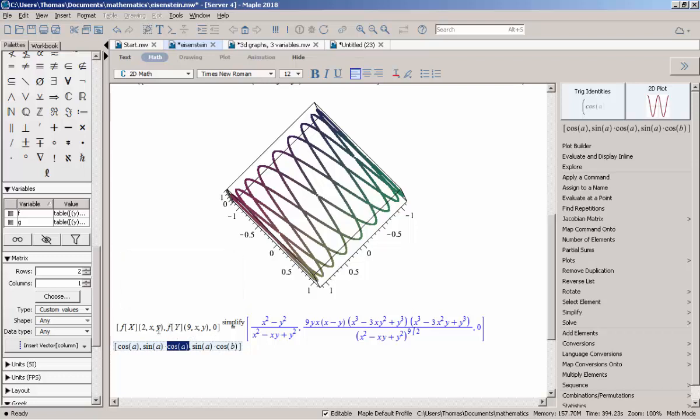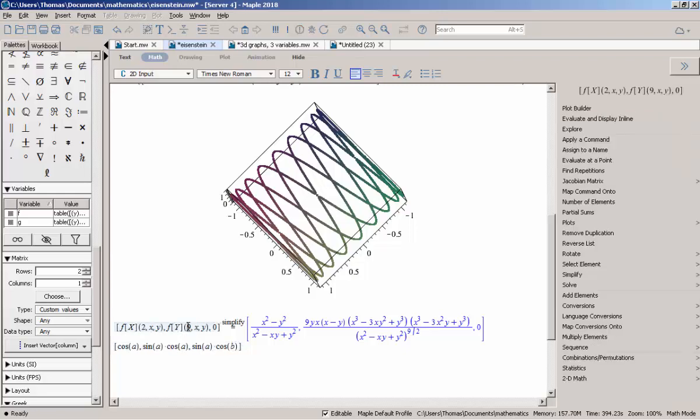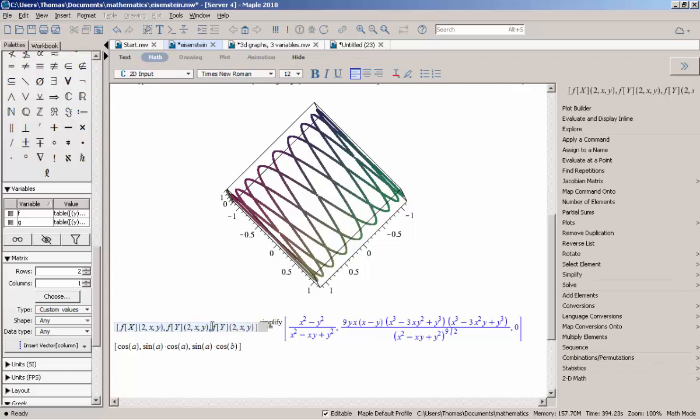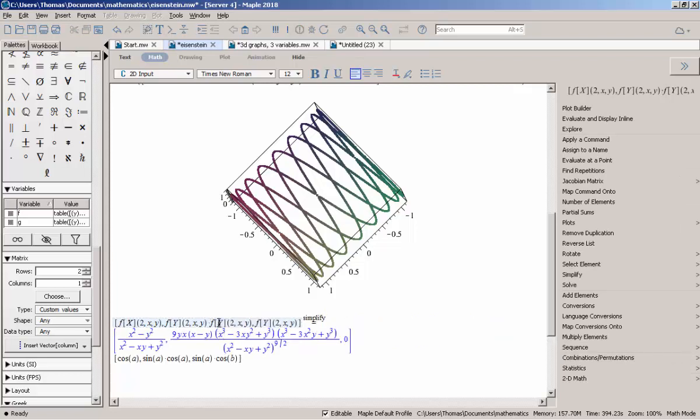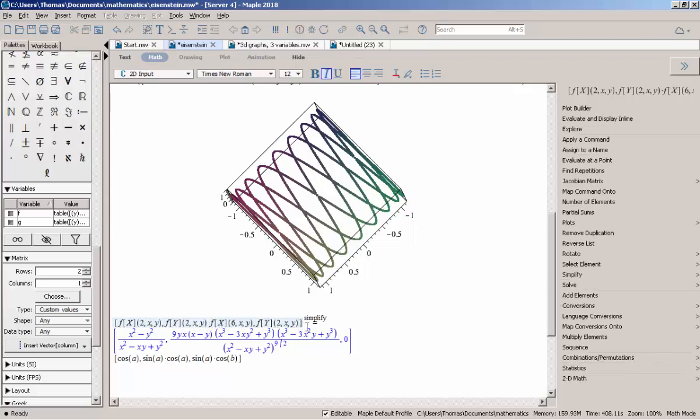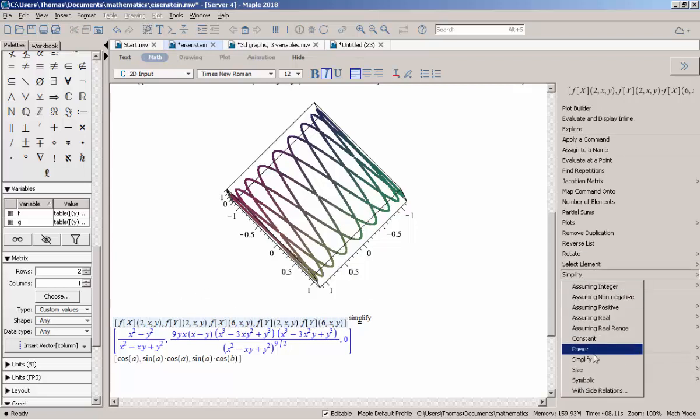Alright, let's do this here. So we got a f of x, we put an f of y2 here, we'll put it 1 here too. And then we'll put another f of x, and we'll make that a 4, or how about a 6? We'll make it a 6. And we'll do f of y to the negative 6, and we'll simplify that.